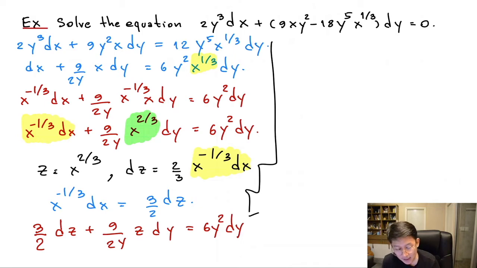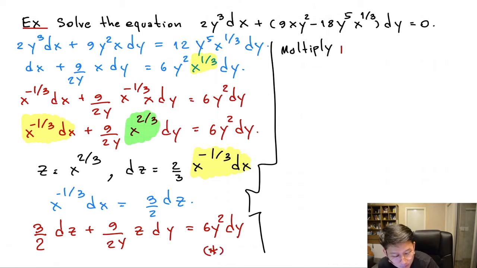And after that, I multiply the whole equation by 2/3 because I want to eliminate this guy. Okay, let's just write it. I'll call this equation star. I multiply star with 2/3.